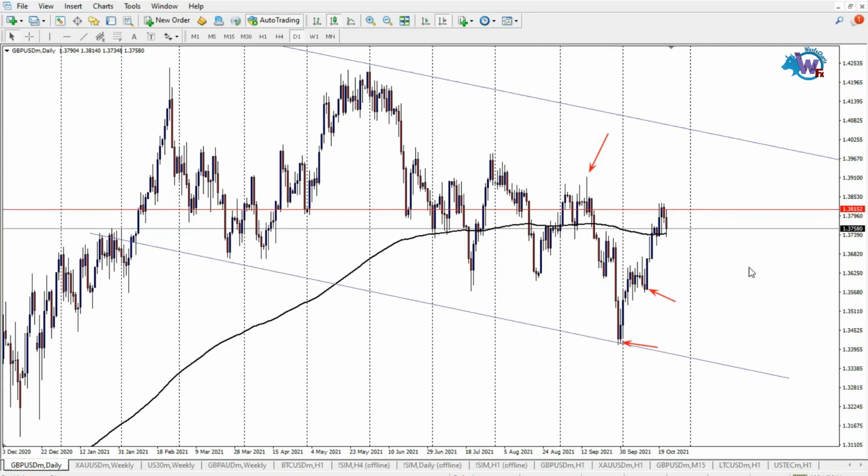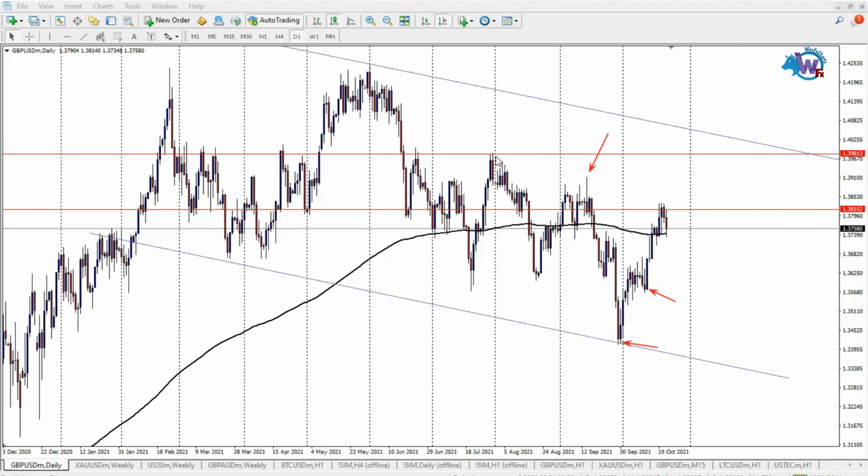That is the 1.3815 level for us to be able to push higher, at least to the previous high that was created on the 18th of July, 2021. Okay, let's say July 2021.